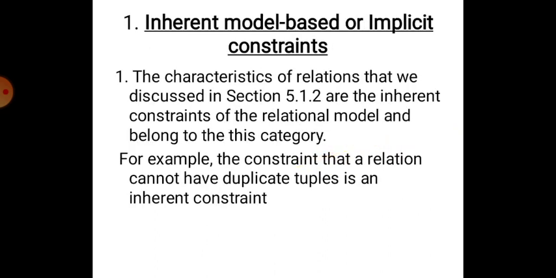Now, first we'll study inherent model based or implicit constraints. The characteristics of relations that were discussed in section 5.1.2, that is the previous sessions, are the inherent constraints of the relational model and belong to this category. For example, the constraint that a relation cannot have duplicate tuples is an inherent constraint.